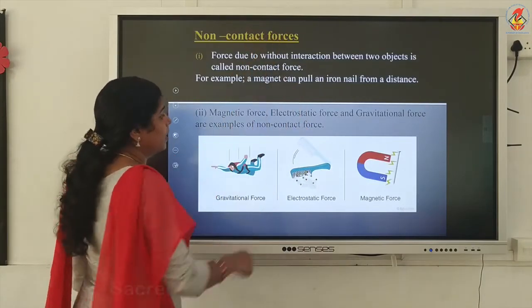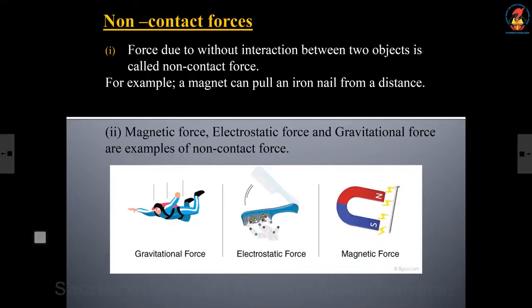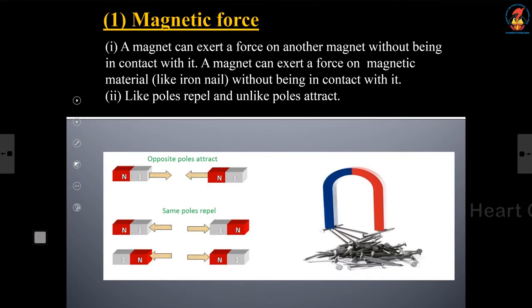Non-contact force: a general description. Forces acting without contact between two objects are called non-contact forces. For example, a magnet can pull an iron nail from a distance. Gravitational force, electrostatic force and magnetic force are examples of non-contact forces.